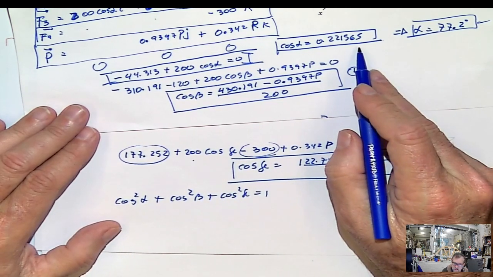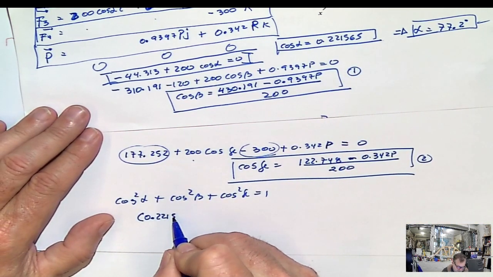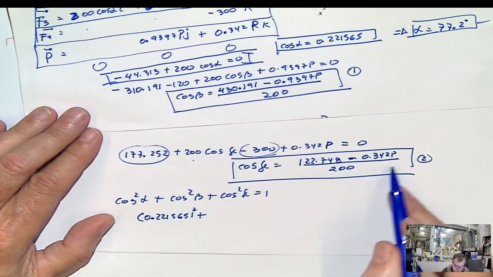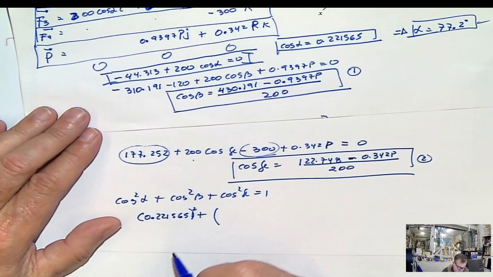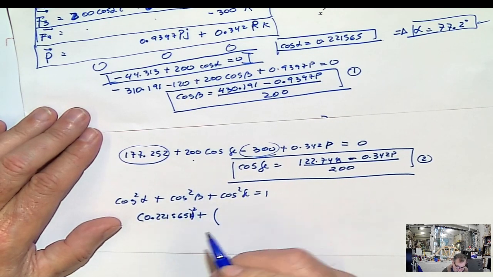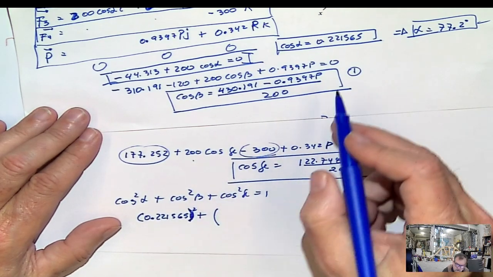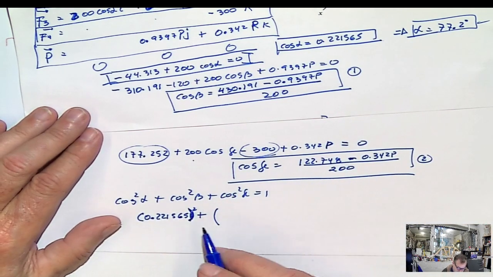We have cosine alpha, so that will be 0.221565 square plus this number square. I don't know how much that is, and I really don't care too much. 0.221565. I don't want to mess up because after working all this time, if I mess up here, it's going to be a pain.